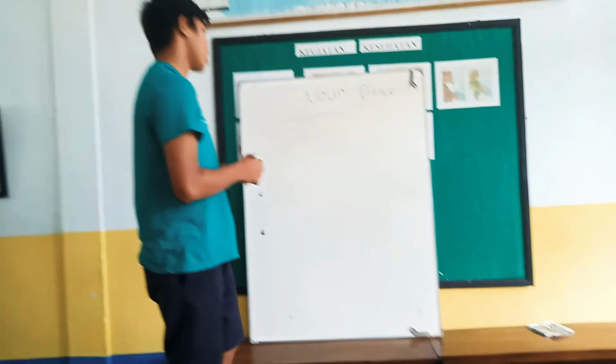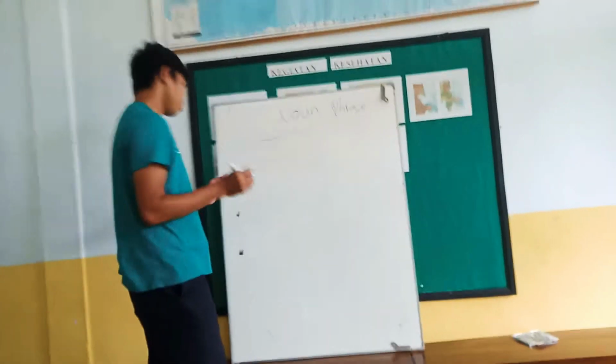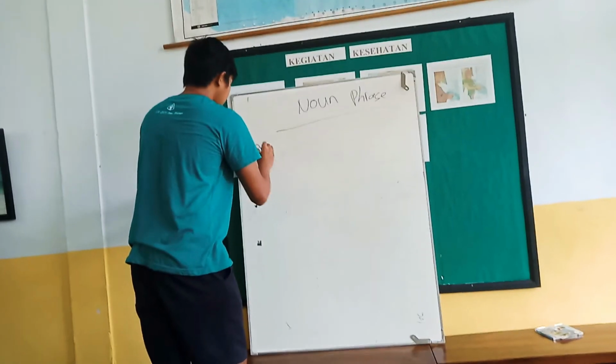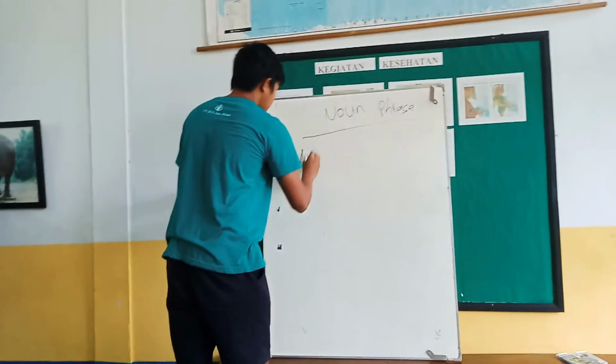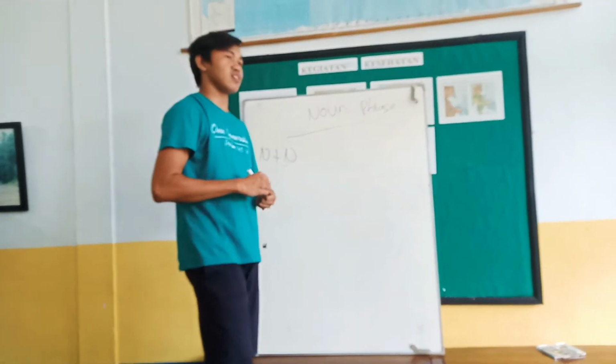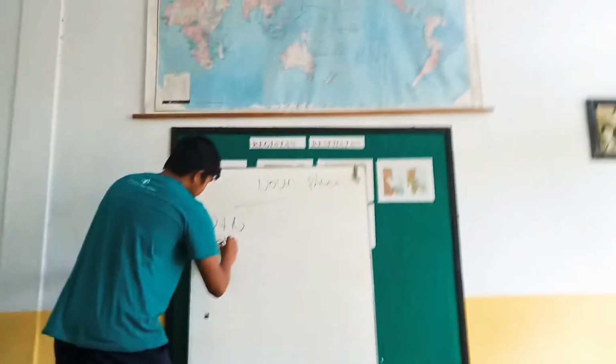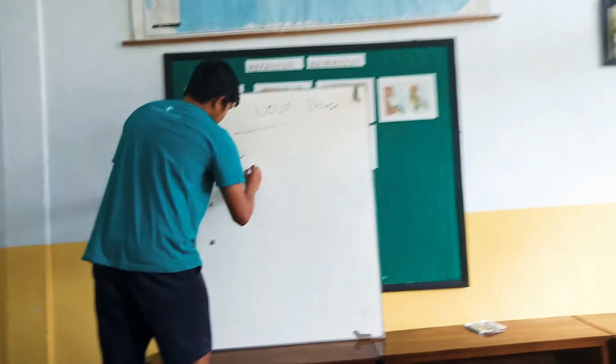The first component is using a noun. The formula is noun plus noun, for example police office.